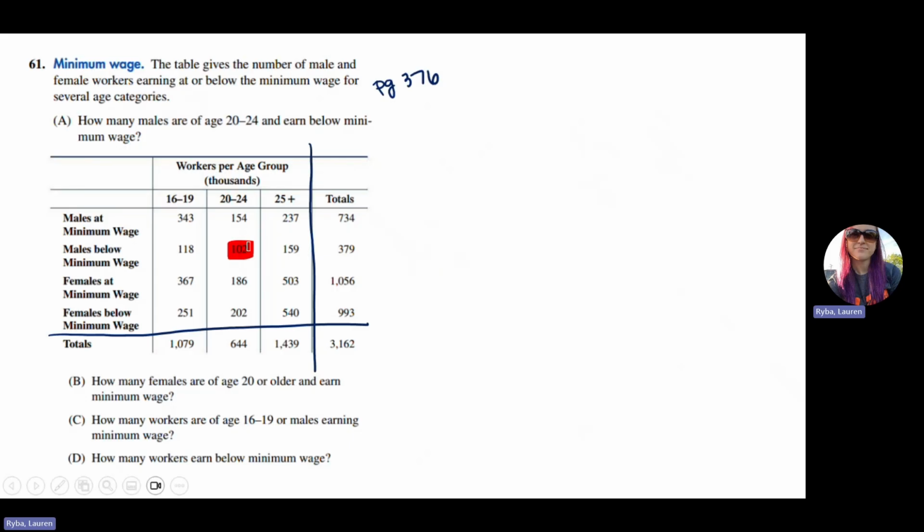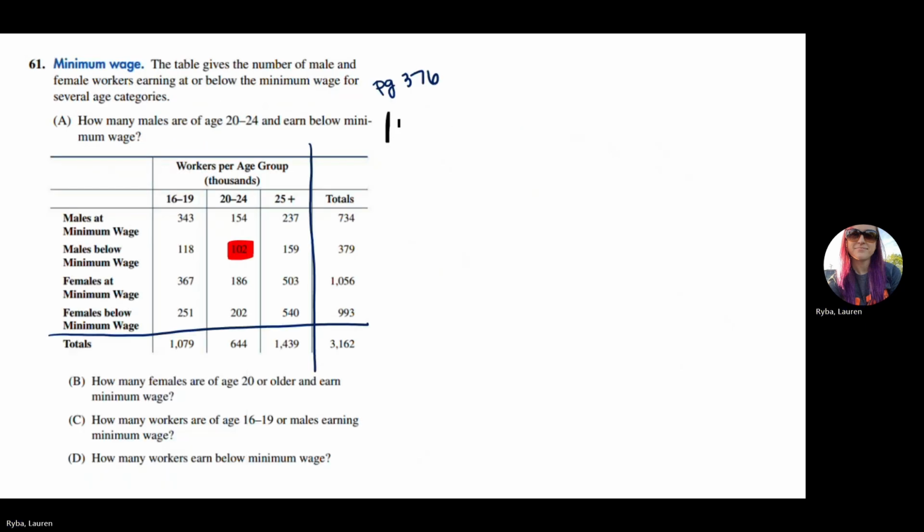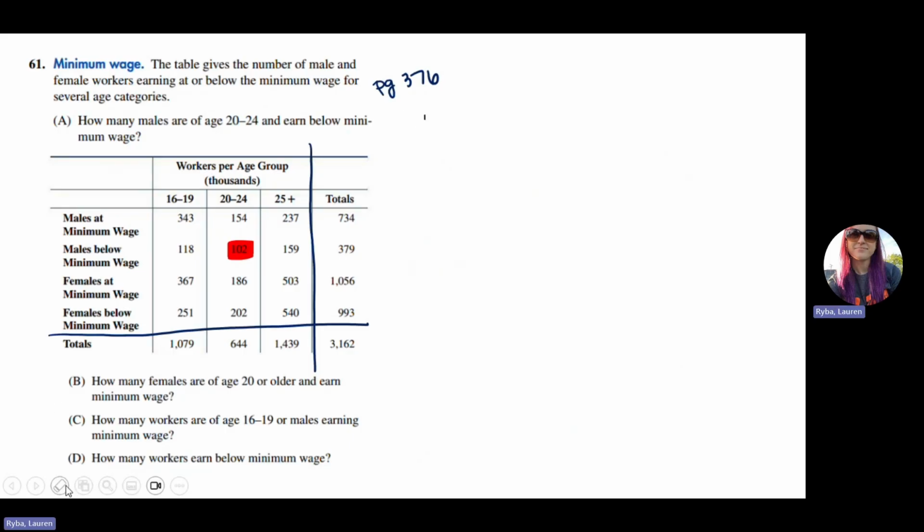It has to fit both of those pieces. So that's 102. Oh, this does say in thousands. So add my 3 zeros, 102,000.